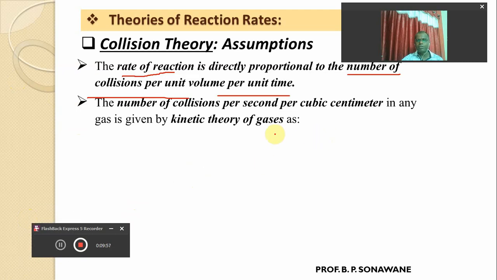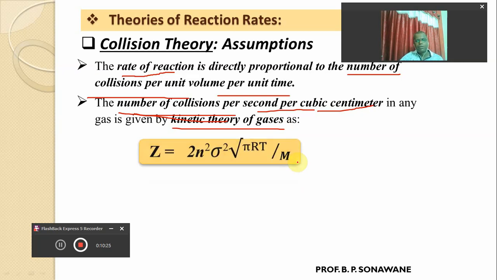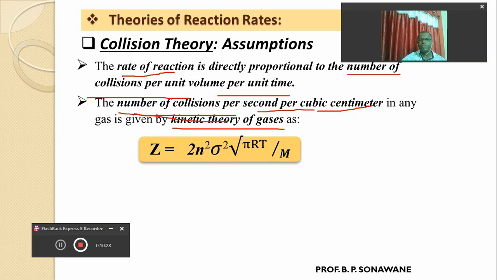And here, not only the number of collisions, but the number of collisions per second per cubic centimeter in any gas is given by the kinetic theory. So as said here, the rate of reaction is directly proportional to the number of collisions per unit volume per unit time, and this number of collisions per second per cubic centimeter can be calculated with the help of the kinetic theory of gases.